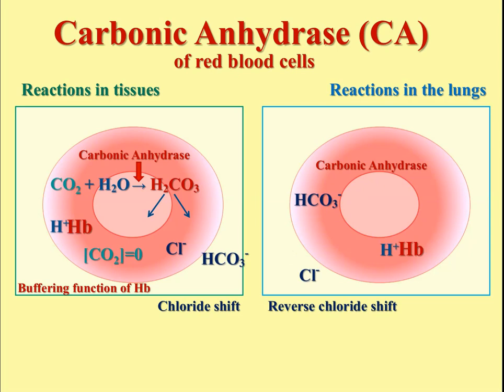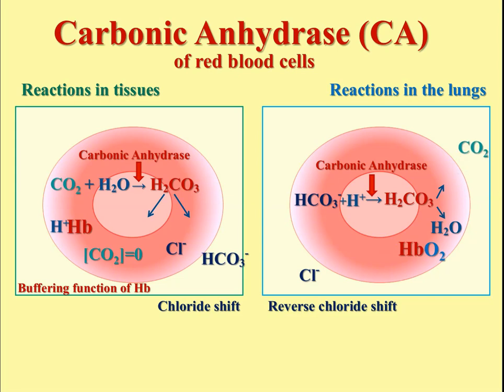Again, let's observe. At the moment when hemoglobin binds oxygen, and you remember it binds oxygen because oxygen level here is high, according to the dissociation curve, 100 millimeters mercury of oxygen makes hemoglobin readily bind oxygen. At the moment when oxygen is bound to hemoglobin, H plus ions are released, and then carbonic anhydrase quickly converts HCO3 minus and H plus into carbonic acid. And now carbonic acid becomes broken into CO2 and water.